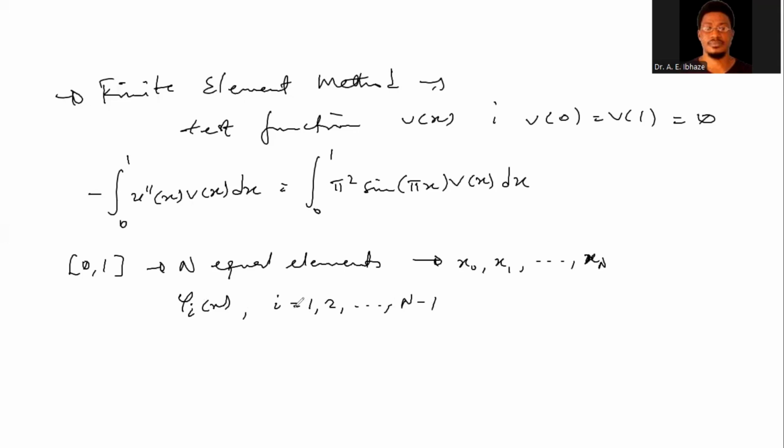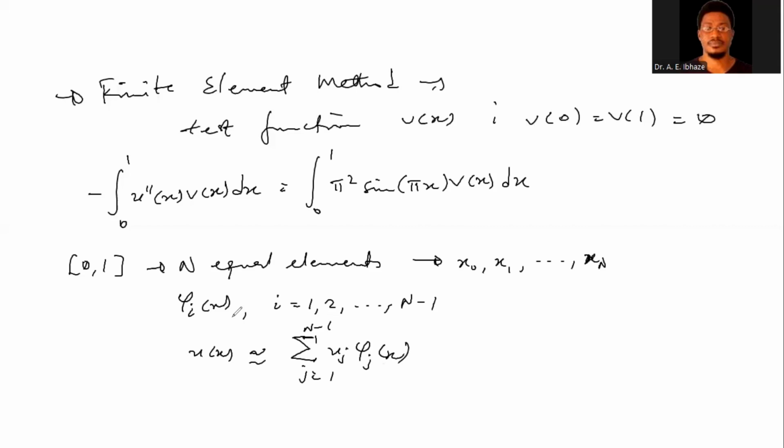So what we now have to do is to write the approximate solution to be of the form u of x approximately the same as sigma j equals 1 to n minus 1 of u sub j phi sub j of x.